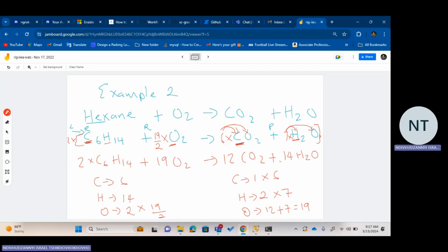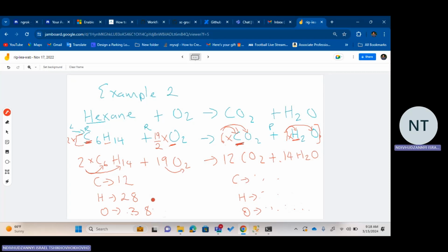Let's double check if it's proper. Let's see. 2 times 6 is 12. 2 times 14 is 28. 19 times 2 is 38.